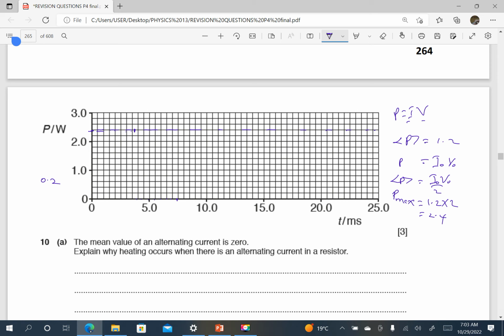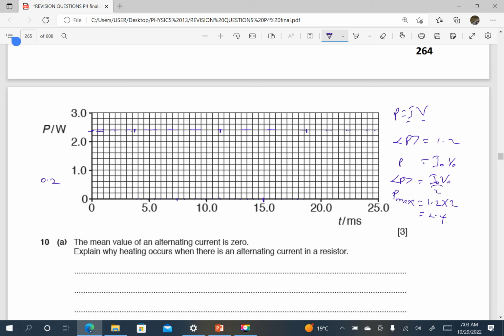Again, it becomes maximum after another 7.5. So it is maximum here. It becomes 0 here. After another 7.5 it becomes maximum.